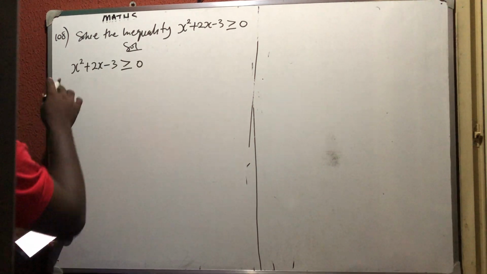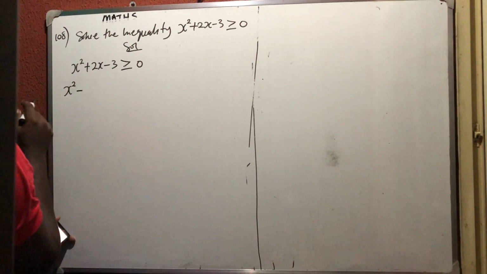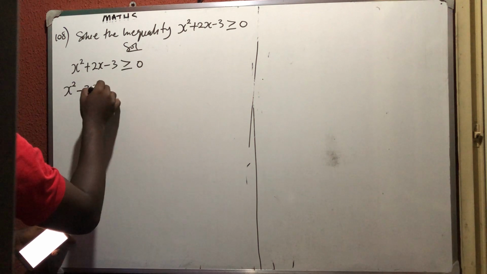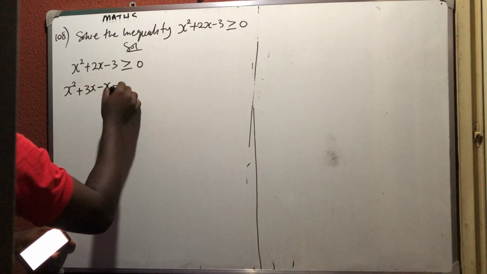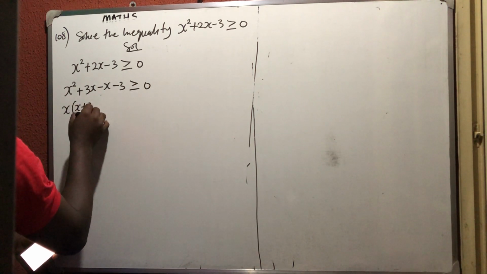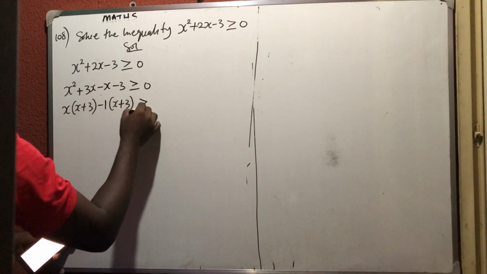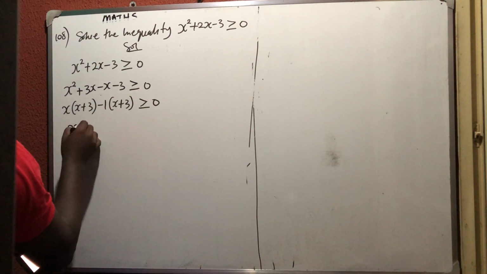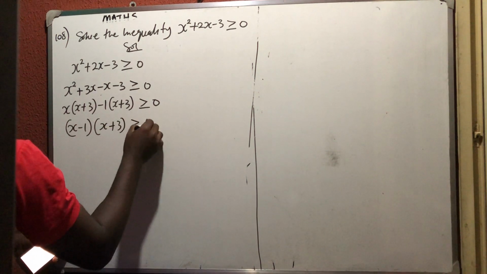So what do we have now? Factorize this. x squared minus 3x plus 3x minus x minus 3 is greater than or equal to 0. So x into x plus 3 minus 1 is greater than or equal to 0. So x minus 1 and x plus 3 is greater than or equal to 0.